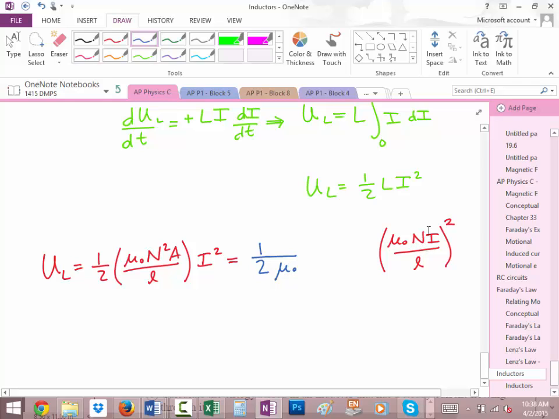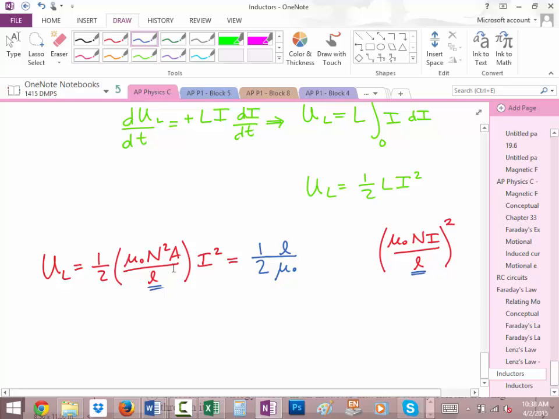There's an L on the bottom here, and I need how many L's on the bottom over here? Well, it's squared, so that means I need to get an extra one. If I need an L on the bottom, I also have to get an L on the top.